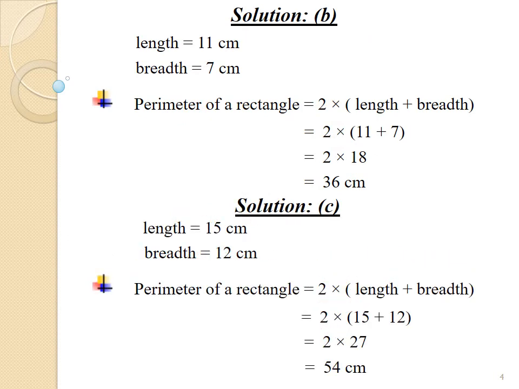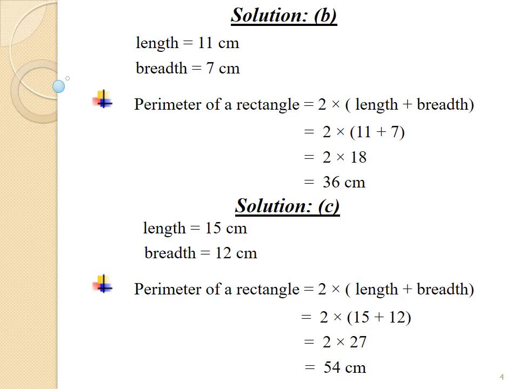Now sum B. Length equals 11 centimeter. Breadth equals 7 centimeter. Therefore, perimeter of a rectangle equals 2 into length plus breadth equals 2 into 11 plus 7 equals 2 into 18 equals 36 centimeters. Thus, perimeter of a rectangle equals 36 centimeters.